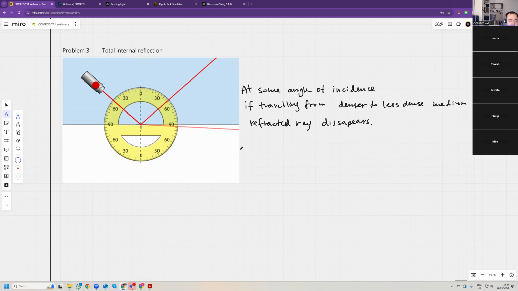This angle is known as the critical angle. So this happens when the angle of incidence is equal to the critical angle.